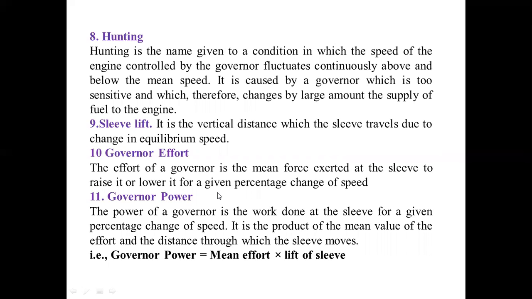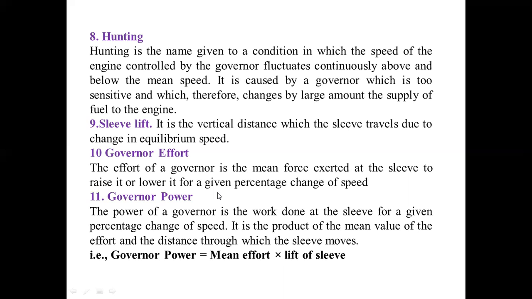It is caused by a governor which is too sensitive and which therefore changes the supply of fuel to the engine by a large amount. In hunting, the speed of the engine fluctuates above and below the mean speed. It is caused by over-sensitiveness of the governor.